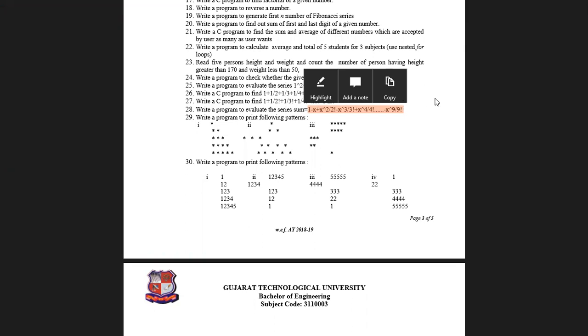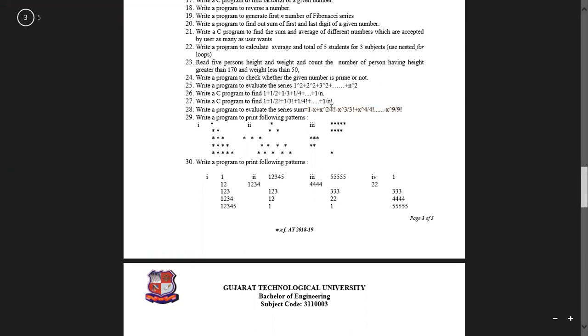Whatever you have done till now, calculating the power, then performing the division, and calculating the factorial. Over here, the only change is that it is not only summation. We have to do subtraction and summation both. When it is odd, there is subtraction, and when we get an even i, there will be an addition.